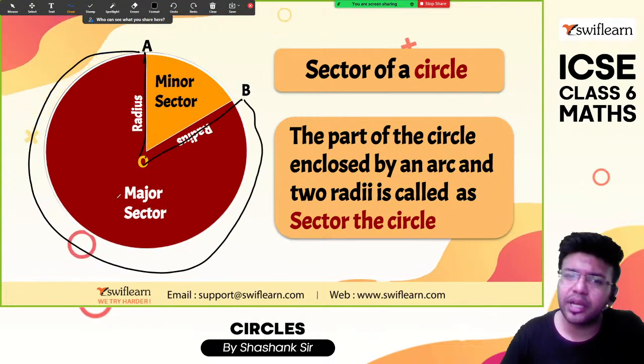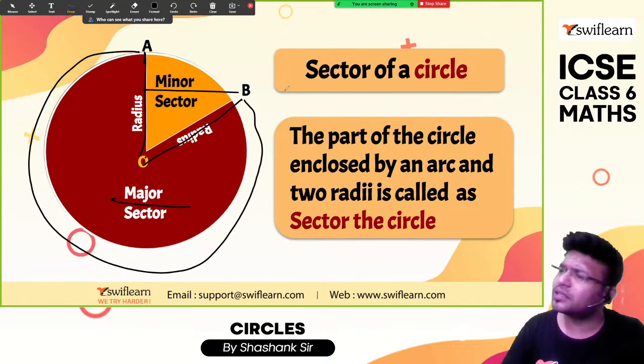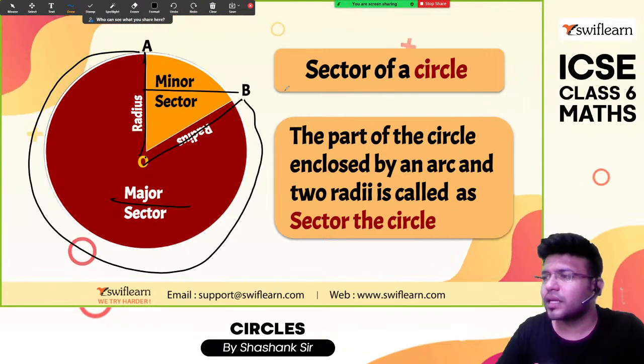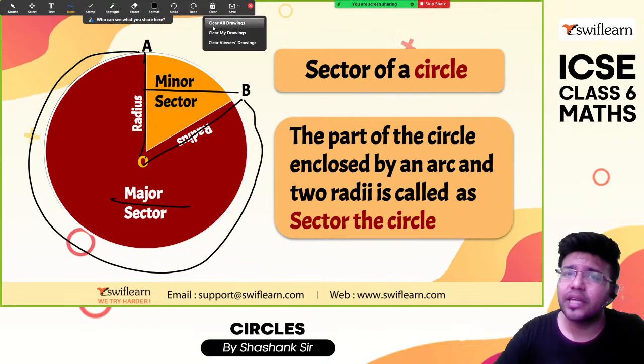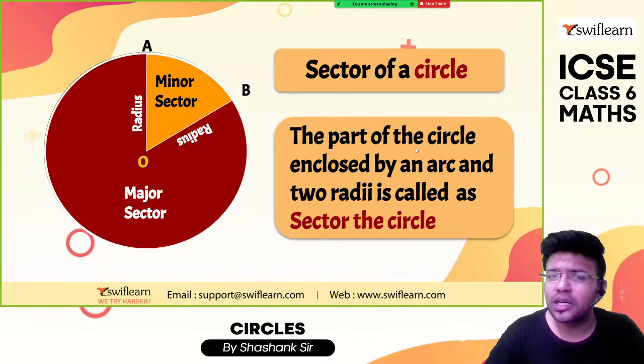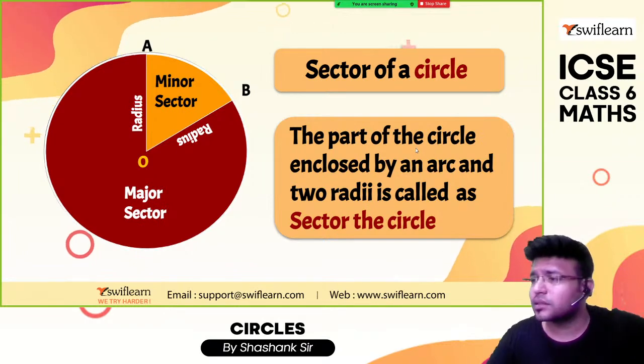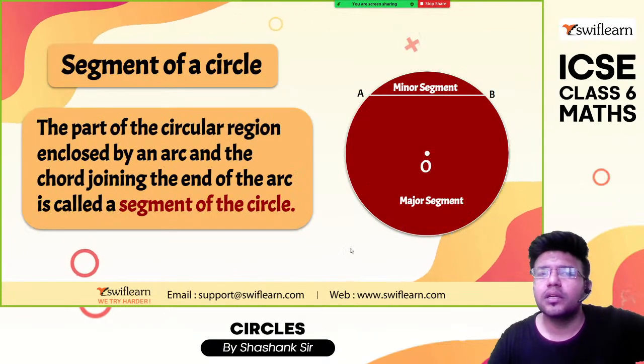The one which is big is the major sector and the one which is small is the minor sector. Part of a circle enclosed between the arc and two radii is known as a sector of a circle.